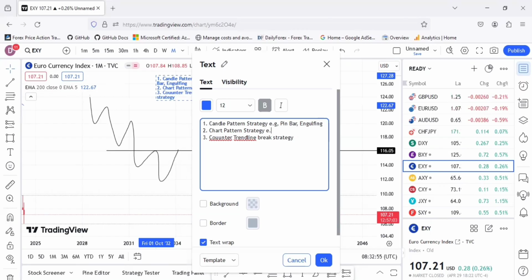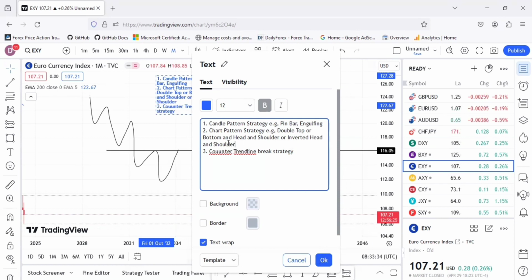Then for the chart pattern, we'll be looking at double top, double bottom, head and shoulder, or inverted head and shoulder.